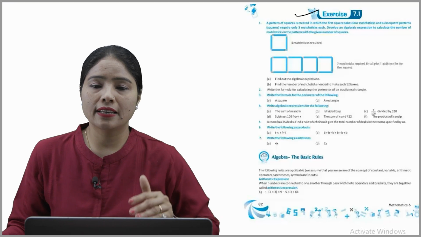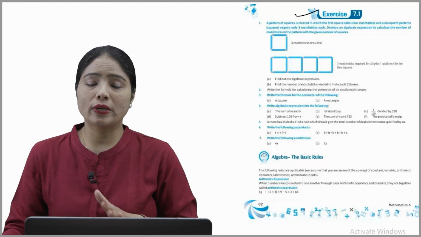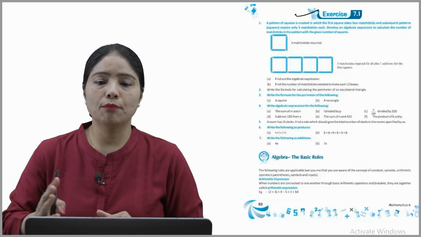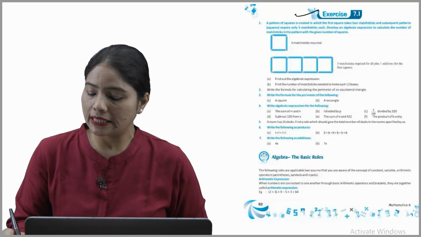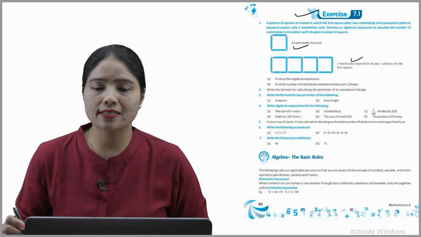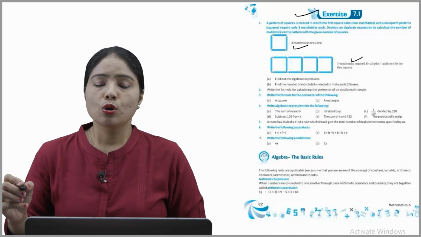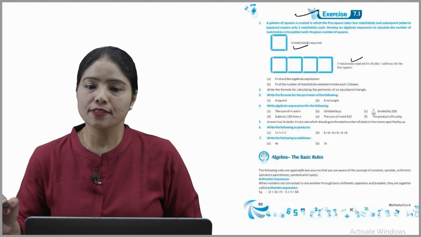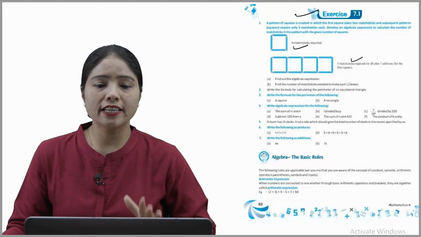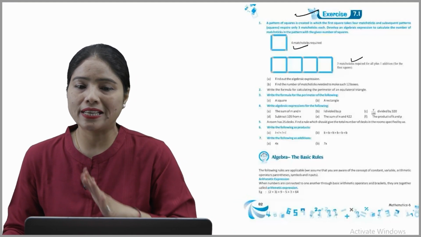So develop an algebraic expression to calculate the number of matchsticks in the pattern with the given number of squares. Here 4 matchsticks are required for the first, and 3 matchsticks are required for all the others, so plus 1 addition for the first square. So the first question is to find the algebraic expression.